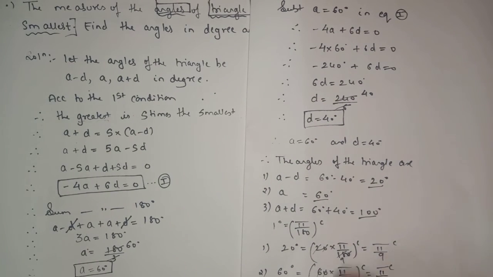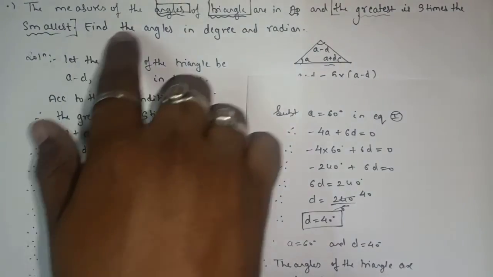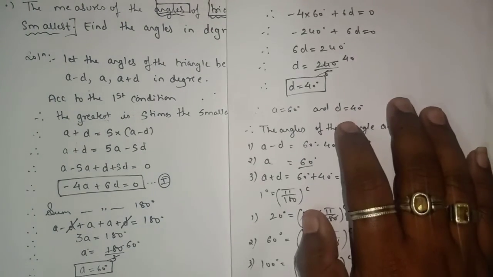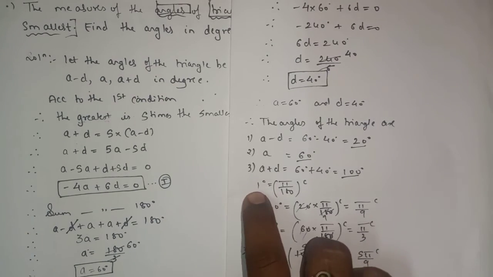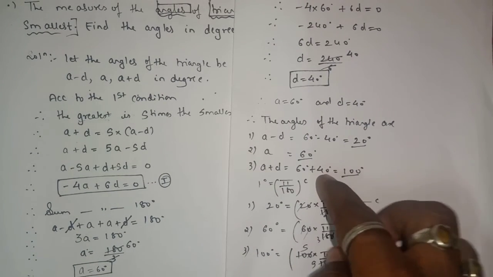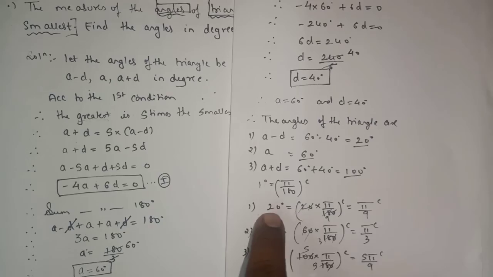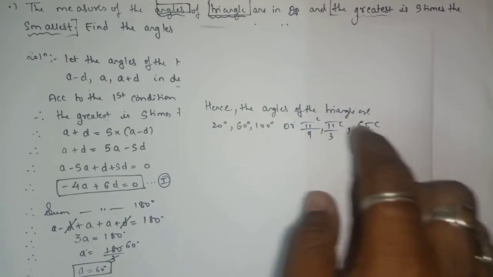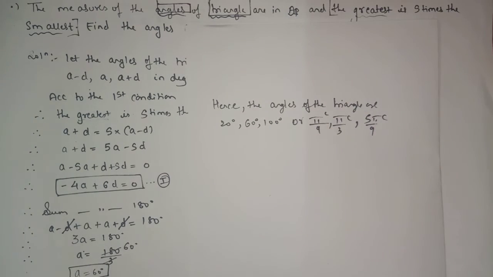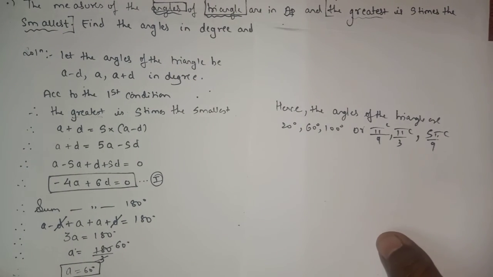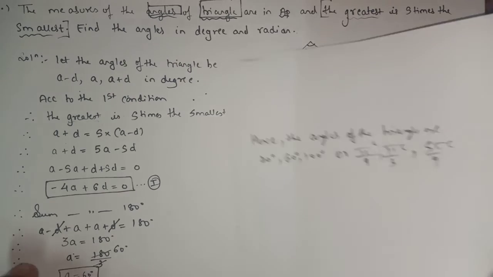After this you have to convert, as the question says you have to find the angles in degree as well as in radian. We know that 1 degree is equal to pi by 180 radian. Simply convert this degree into radian, and you will get the answer in degree as well as in radian. I hope you all understood both examples.